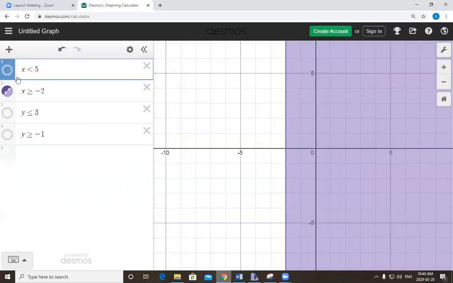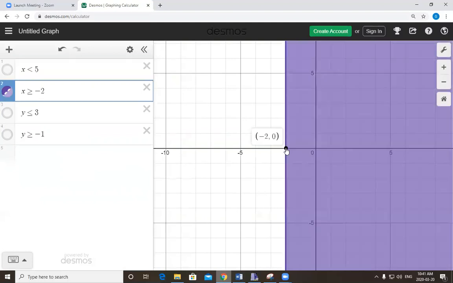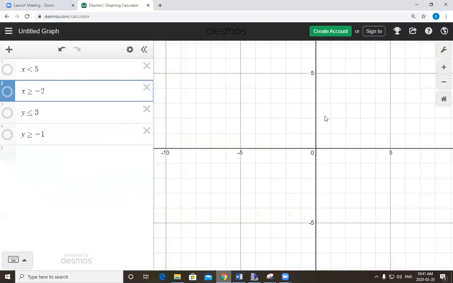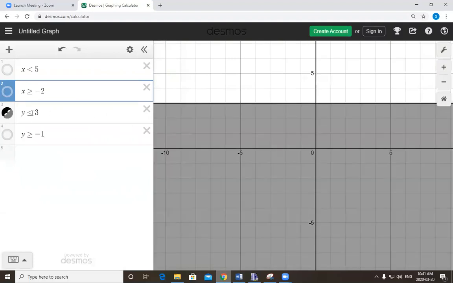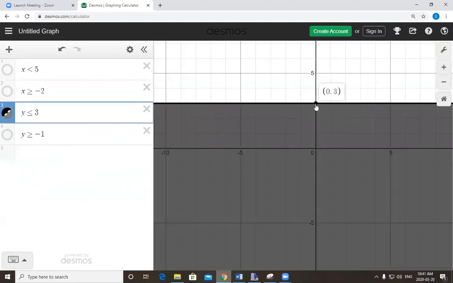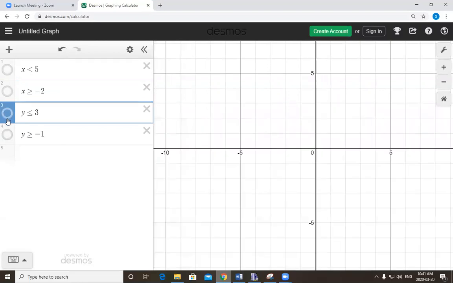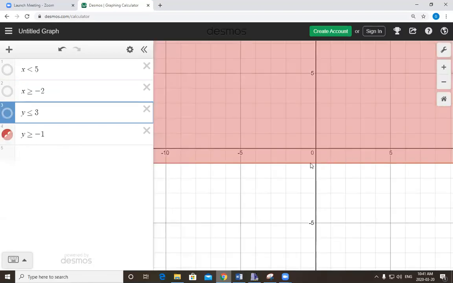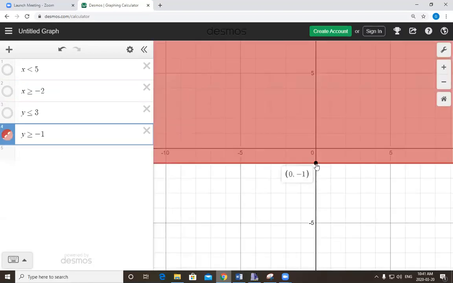If we look at the second one, x greater than or equal to -2, solid line, and all values -2 or bigger would be inclusive in the solution set. Y less than or equal to 3, solid line, and 3 and below for the y values would satisfy, and y greater than or equal to -1, anything for the y value that's -1 or bigger.